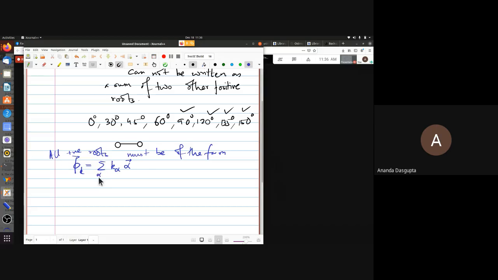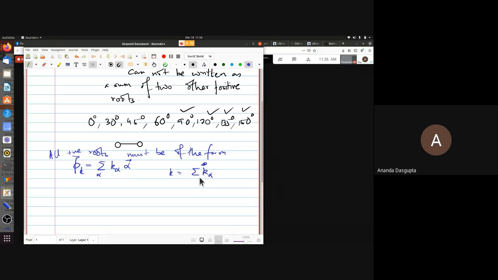So there is a sum over only the simple roots. And the k alphas are non-negative integers, could be 0, but could be only positive integers otherwise. And k is just a label which is the sum of all the k alphas. So you add up all these integers, what you get is the label k.